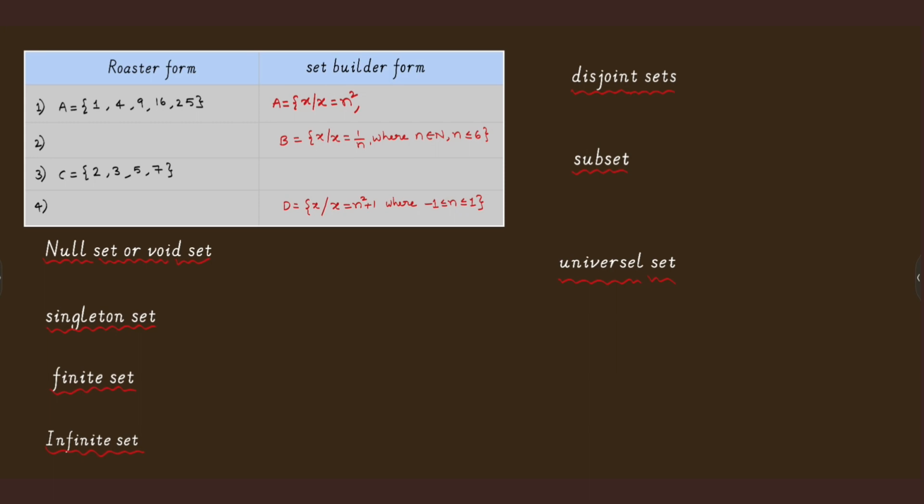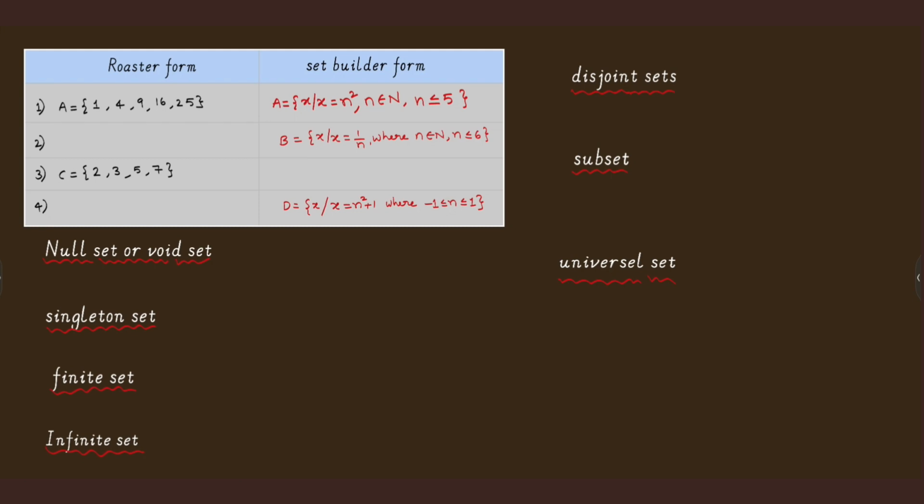So n is from 1 to 5, so they are natural numbers. We write n belongs to capital N, which indicates they are from the natural numbers. The symbol indicates belongs to. Natural numbers, and we have taken them up to 5, so n is less than or equal to 5. This is the set builder form of the first set A.